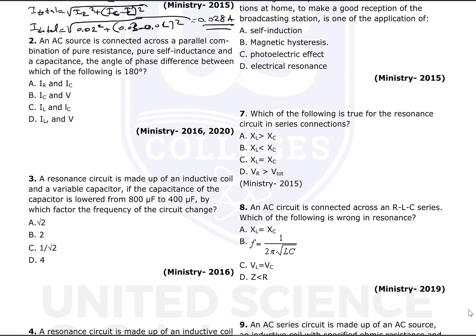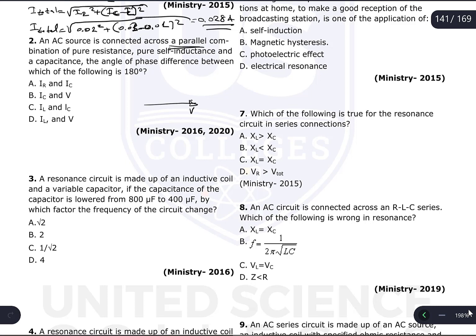An AC source is connected across a parallel combination of pure resistance and pure self-inductance and capacitance. It is a parallel circuit, and the angle of the phase difference between which of the following is 180. So in parallel, we know that potential differences are equal.